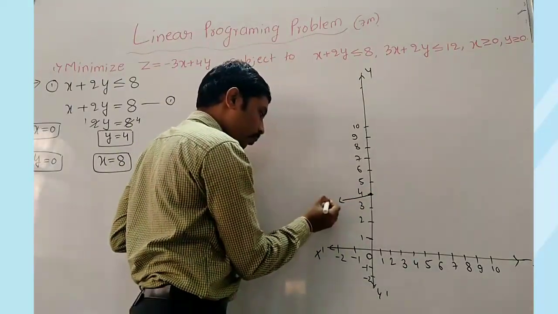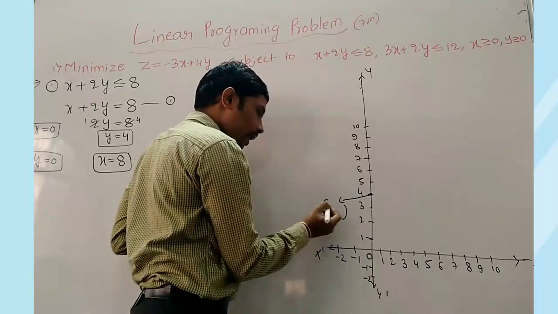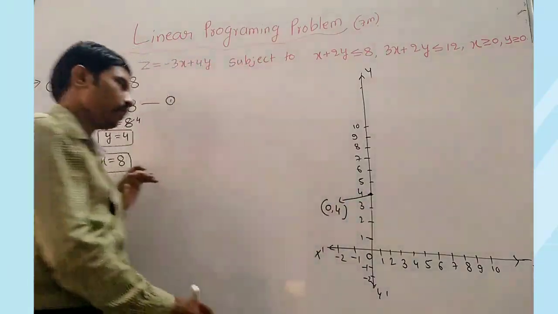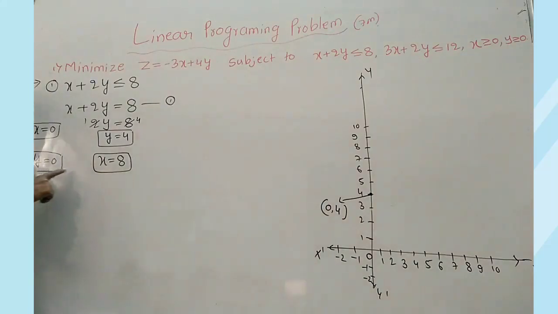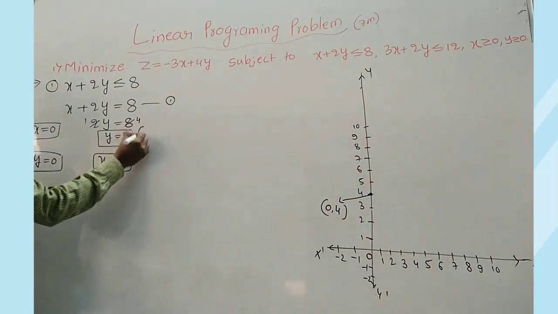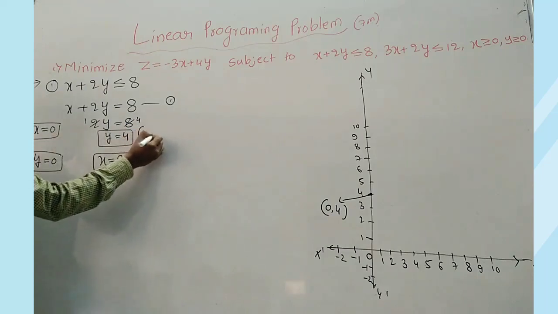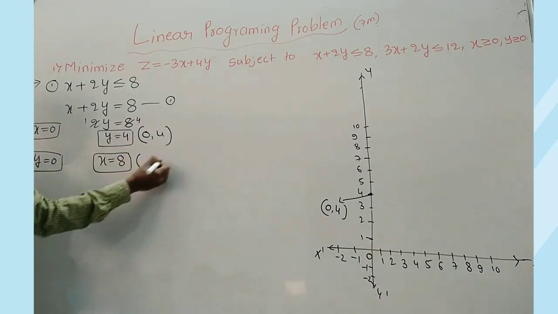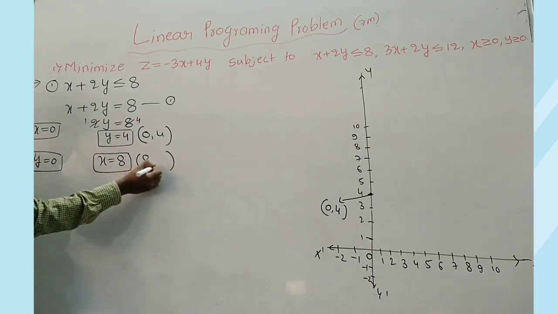Then which point is our next point? For your understanding I will write here: 0, 4, meaning x equals 0, y equals 4. Next, x equals 8, y value is 0. This point is 8, 0.